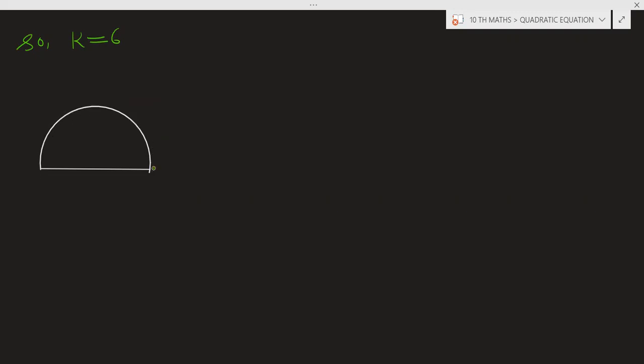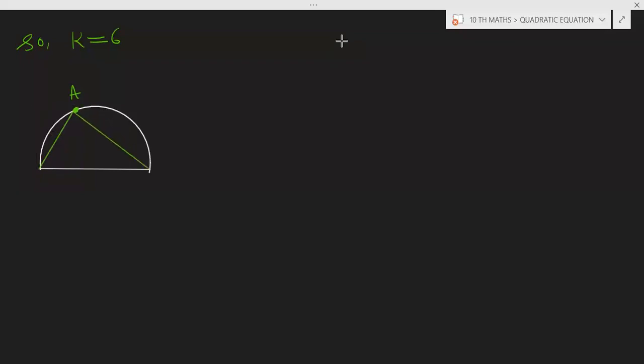If you take any point anywhere on the circumference, suppose I have chosen this point A. So if I join it with this end, and I join this A with this end, always this angle will be 90 degree.